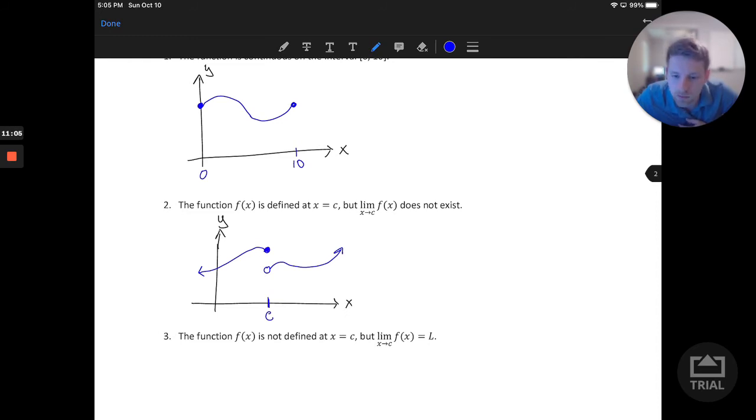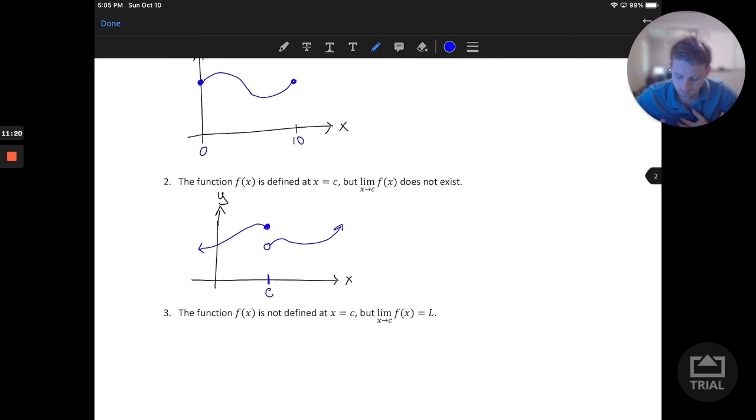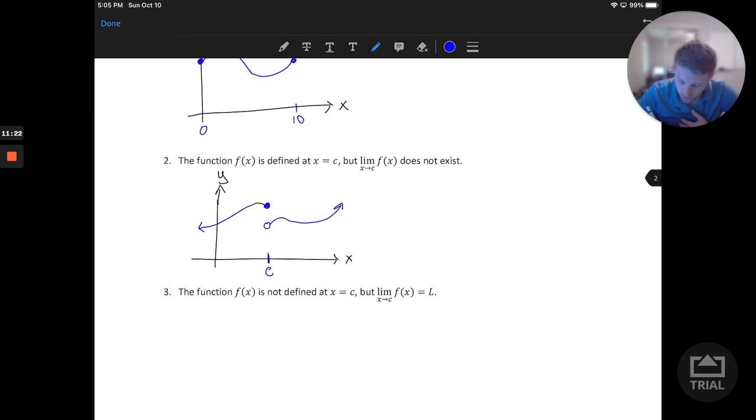Now again, you can draw this a number of different ways with your lines, but we do want some sort of a break where the limit here does not exist. So that would be one example there. And if we wanted to augment this, we could say that here this is our functional value at c. We don't necessarily know what that is, but that height there would be our functional value.